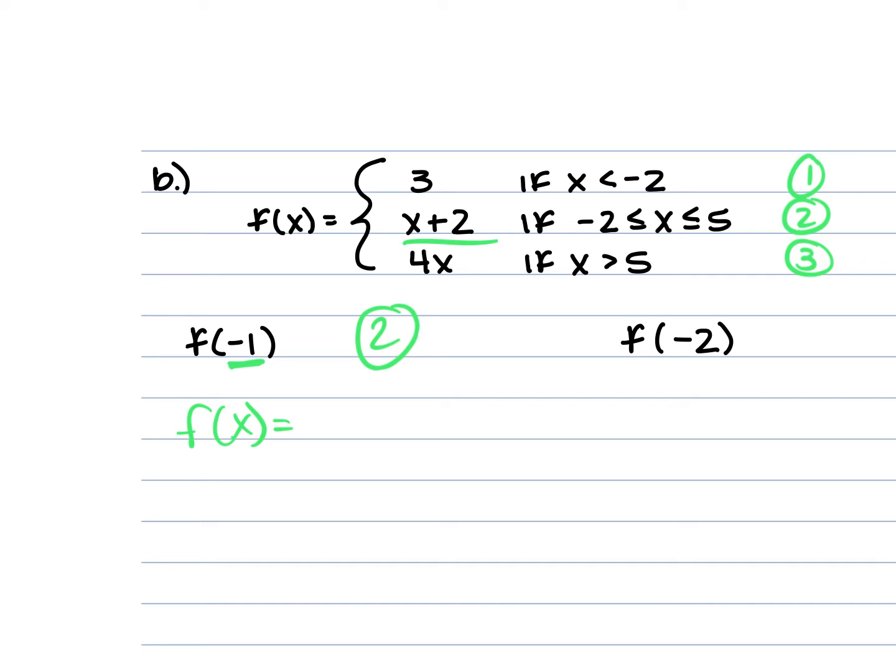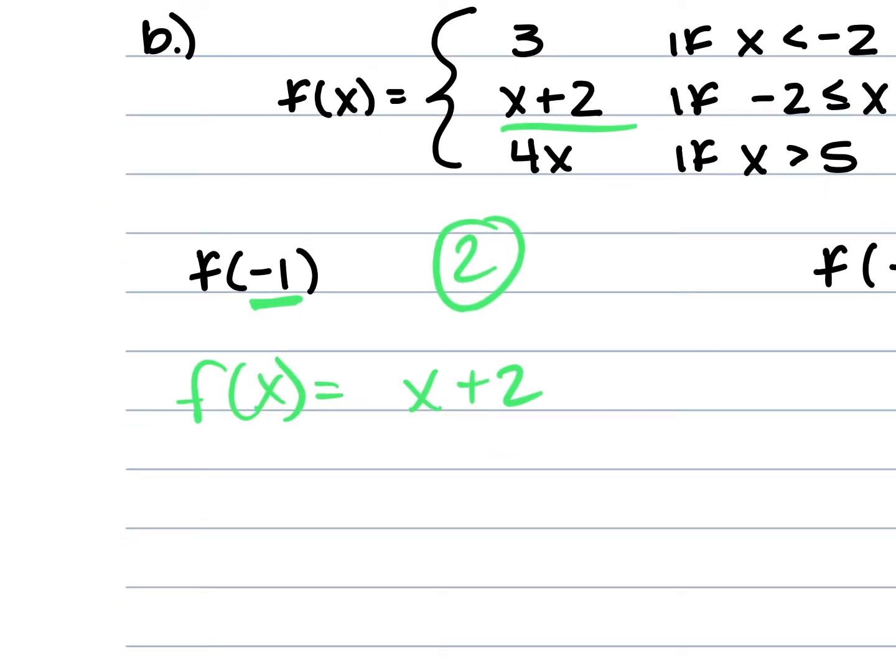Yes? Okay. Now, once we have our single function, how do we evaluate it? Plug in what? -1. So it's going to be f of -1 equals -1 plus 2. What's -1 plus 2? +1.